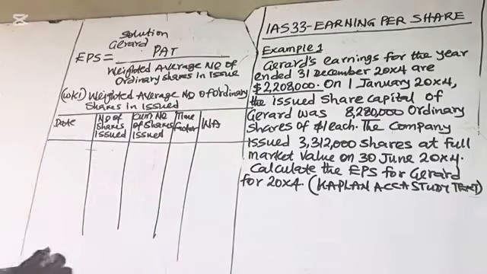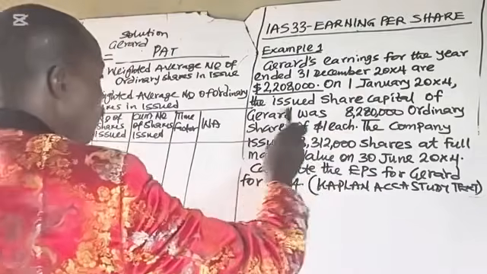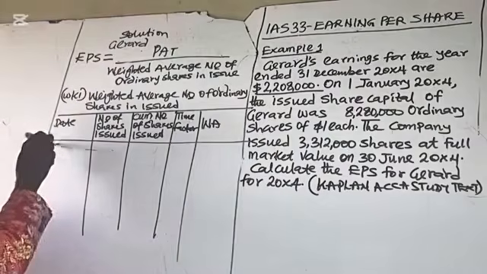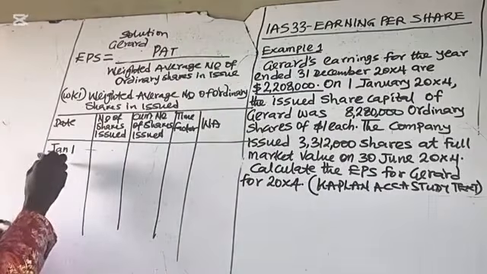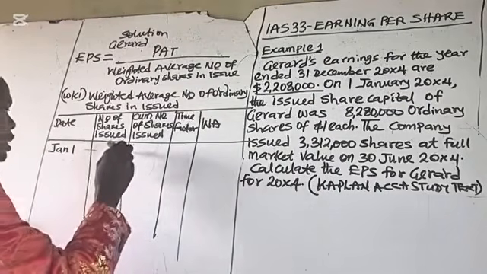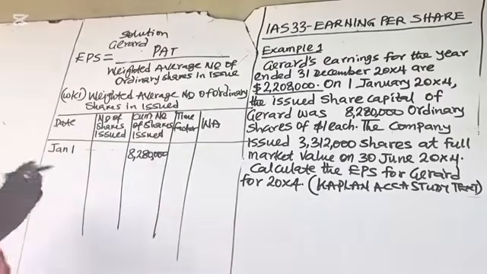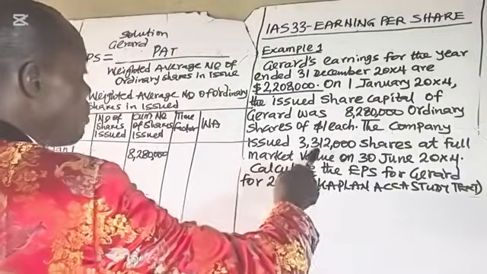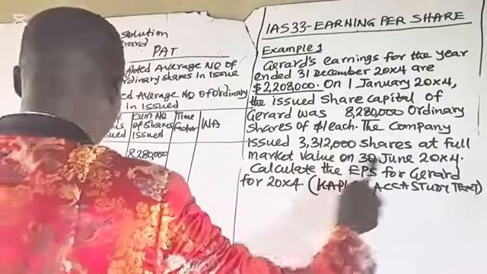You were told on 1st of January 20x4, the issued share capital of Gerard was 8,280,000 ordinary shares. On the 1st of January, let me say balance brought forward, the shares you have is 8,280,000 shares. That is the existing shares as at the 1st of January. Then the company issued 3,312,000 shares at full market value on 30th of June 20x4.